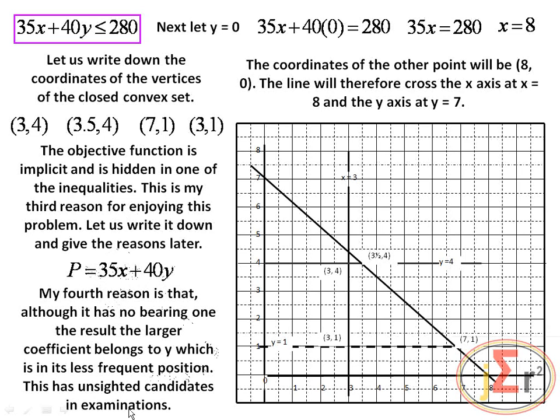This has unsighted candidates in examinations, so students sometimes don't realize, although it is blatant in front of their faces, that the y ordinate is the larger one, although it has no bearing on this problem to the extent that it will affect the choice of vertex. It will not affect the choice of vertex.